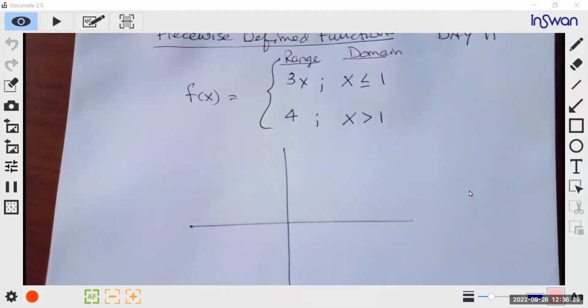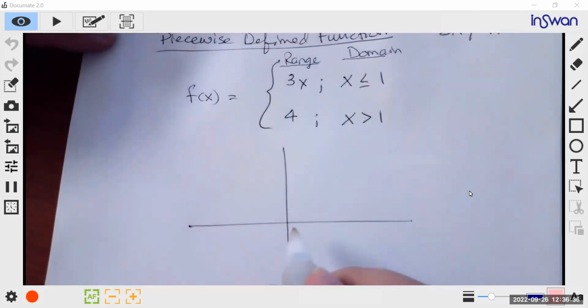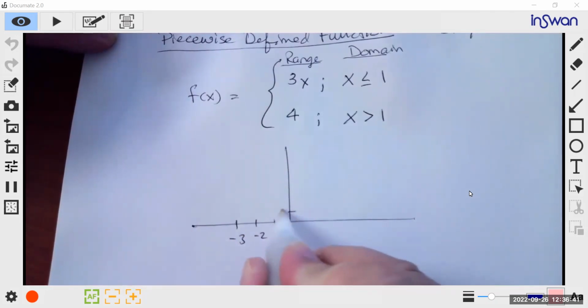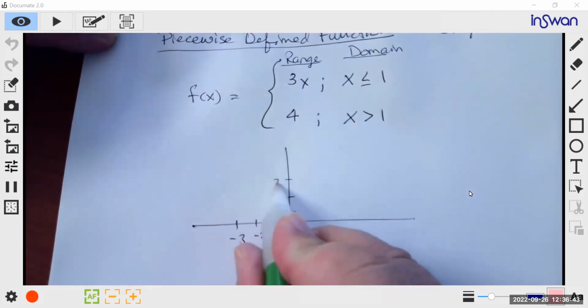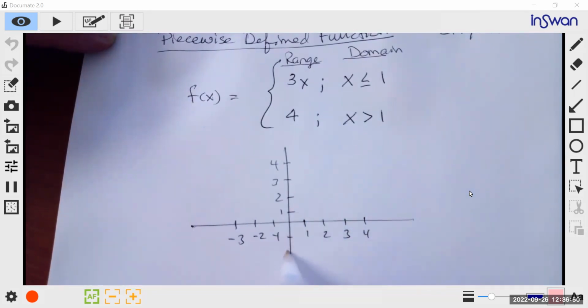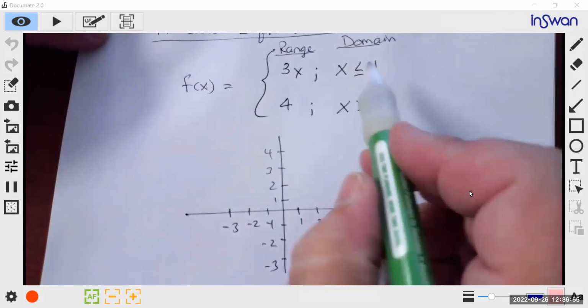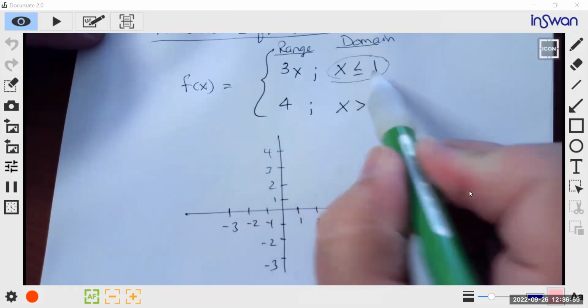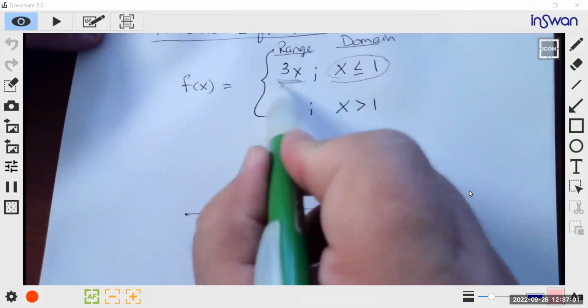When you graph this, you graph each of these pieces on the same graph. So what this tells us, for every x less than or equal to 1, I use this function.